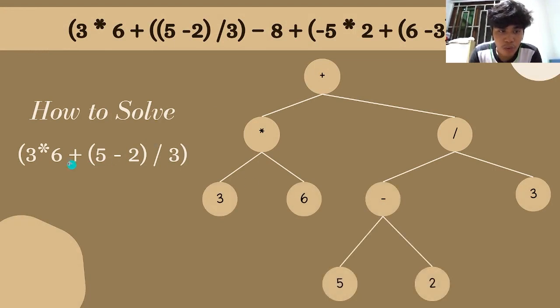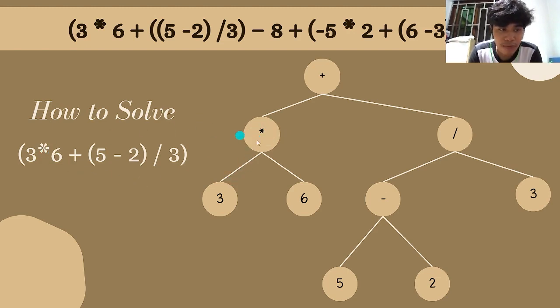Now we can see that we have two expressions separated by a plus operation here: 3 times 6 and the quantity of 5 minus 2 divided by 3. So we use this plus operator as our root node, and we traverse towards the left. The expression on the left is 3 times 6. Once again, we use those operators as the parent nodes for the constants.